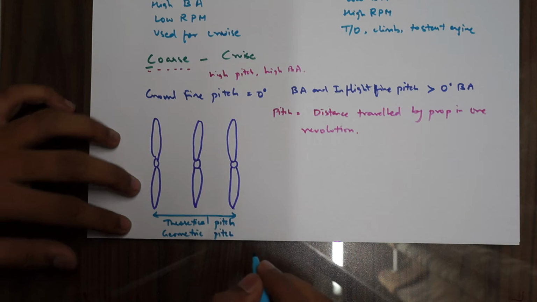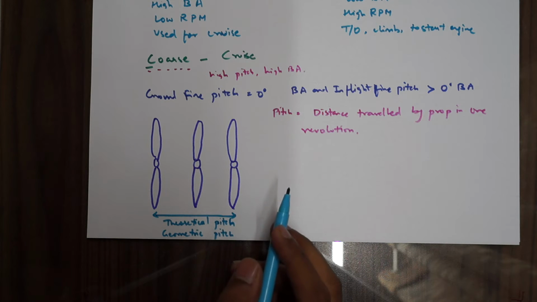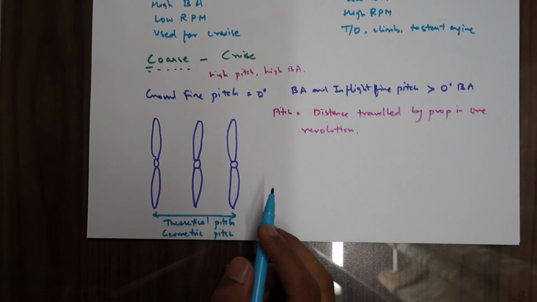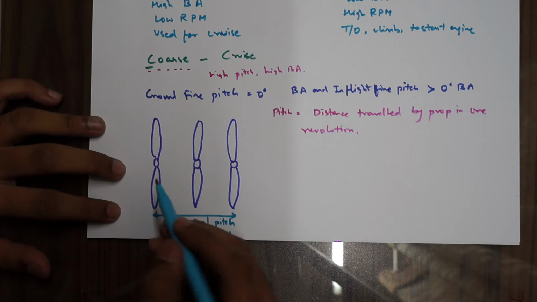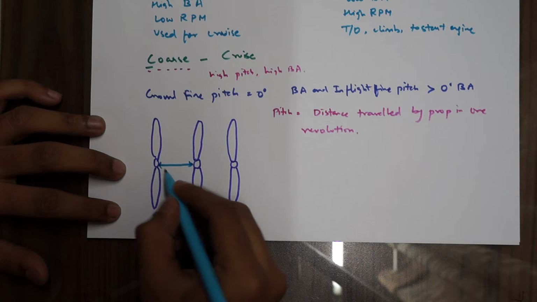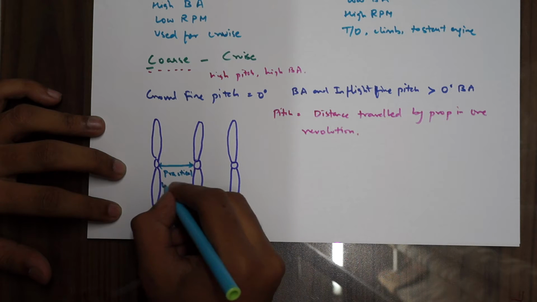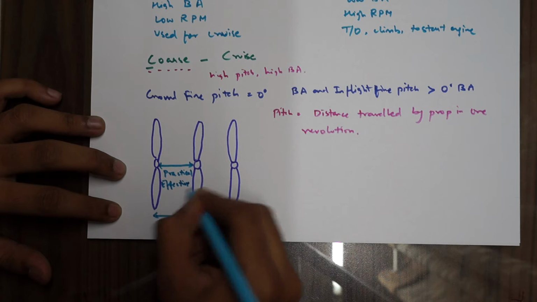Due to friction from the fluid, or the air basically, the propeller actually does not travel the theoretical pitch. It travels something of this, that is your practical or effective pitch.